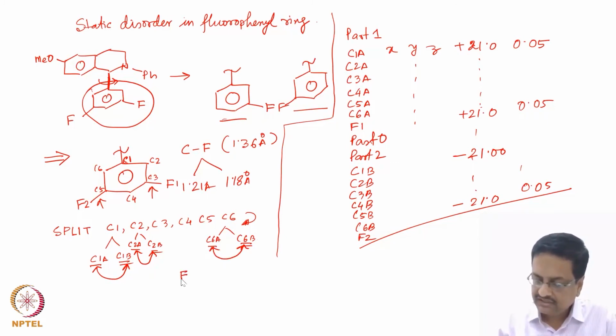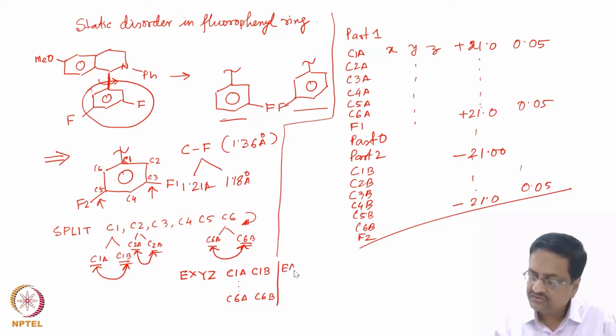So we should have an EXYZ constraint for C1A equal to C1B, and should have it for all of them from 1 to 6, indicating that they are at the same coordinate. And also, for simplicity of the refinement, we should use EADP for C1A and C1B up to C6A and C6B, and also F1 with F2.